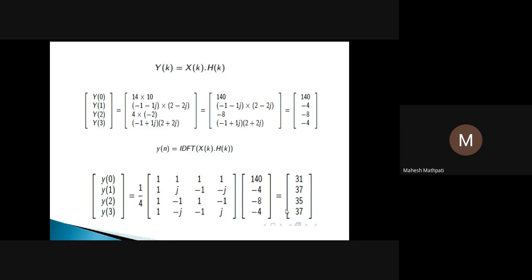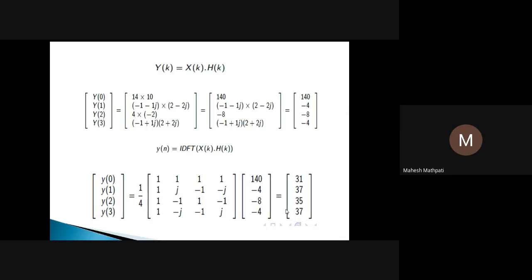So what is the difference between this matrix and the previous matrix? J is replaced by minus J and minus J is replaced by plus J. Very good, you have to remember that. Most of the time students make the same mistake: they take the same matrix for IDFT also.